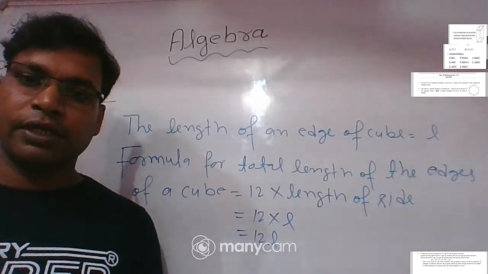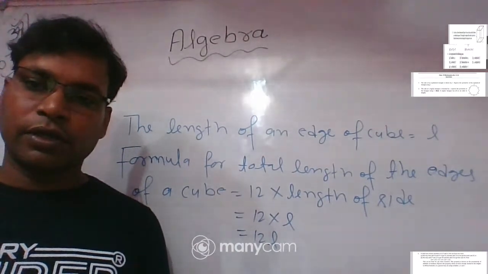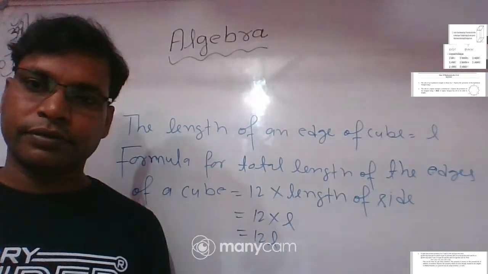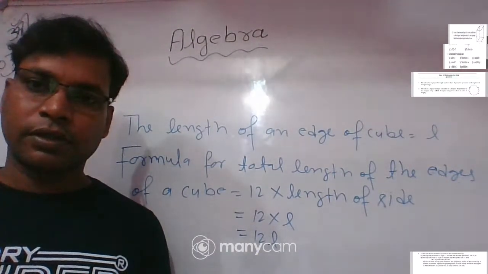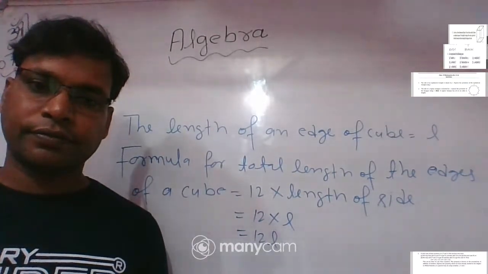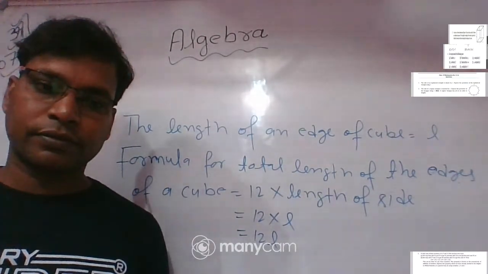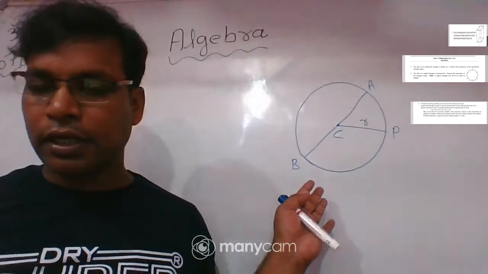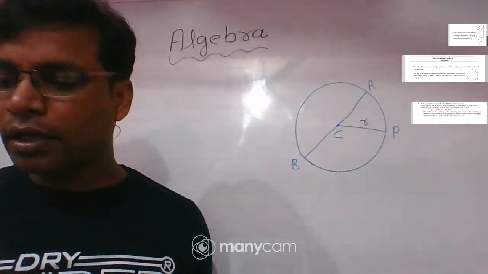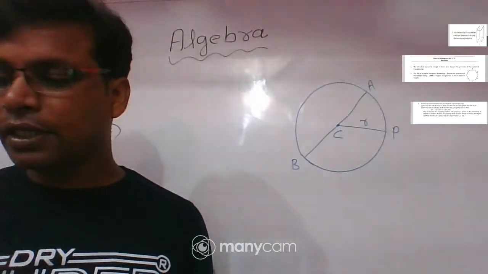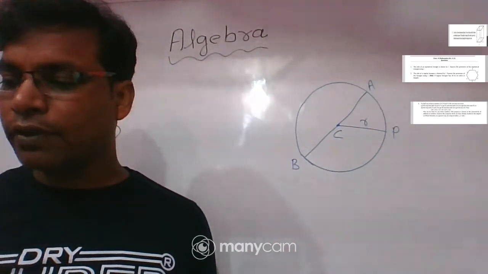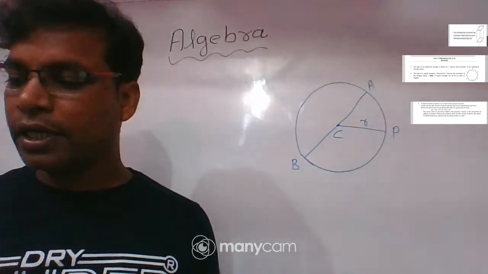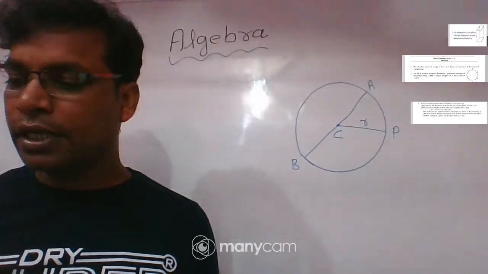Let's see the next question, question number 4. This is circles. I read question number 4 here. The diameter of a circle is a line which joins 2 points on the circle and also passes through the center of the circle.